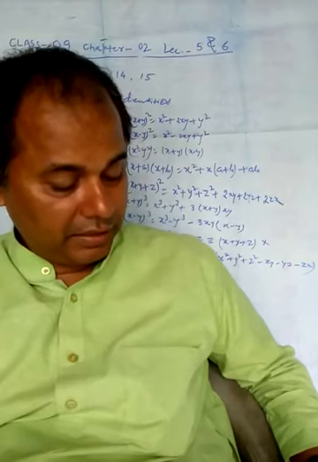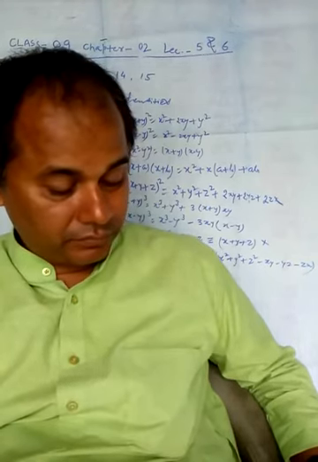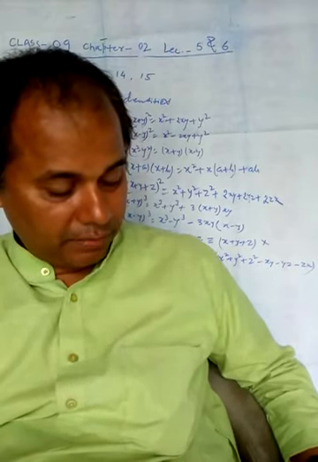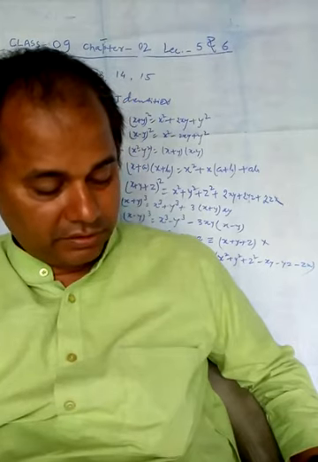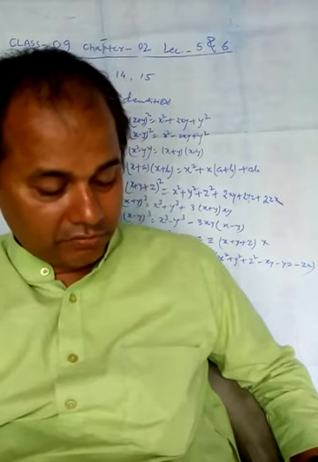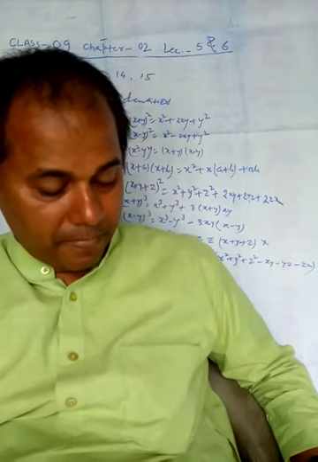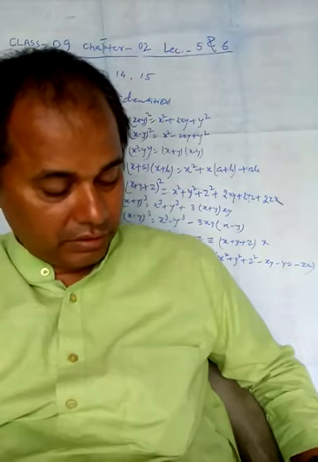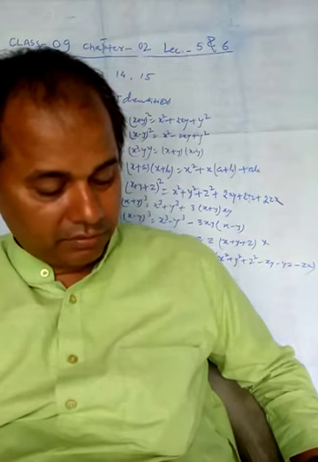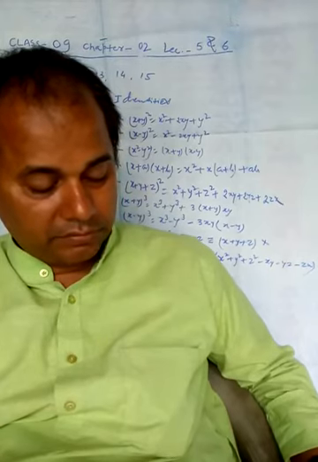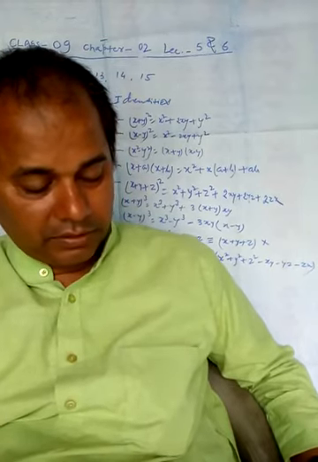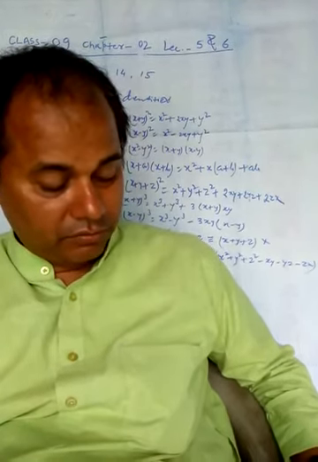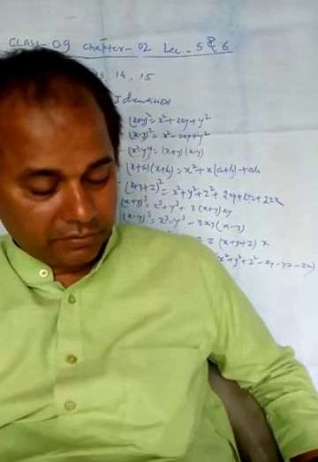Now we see that x cube minus 23x square plus 142x minus 120 is equal to x cube minus x square minus 22x square plus 22x plus 120x minus 120, which is x square (x minus 1) minus 22x (x minus 1) plus 120 (x minus 1), which is equal to (x minus 1) into (x square minus 22x plus 120).